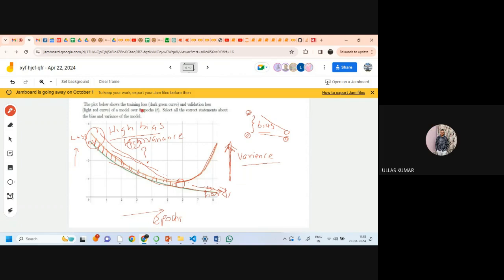So close to x equals 5, there is a sweet spot in which bias and variance both are low. And in this, noise is there. Therefore bias and variance can never become 0.